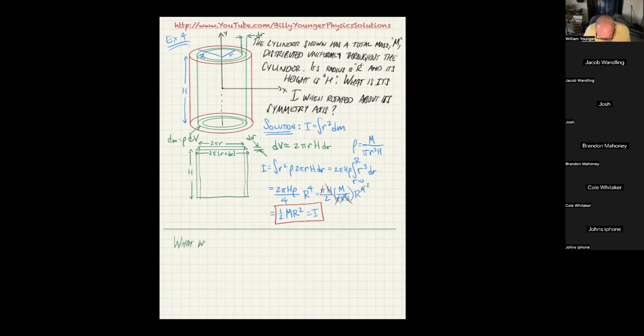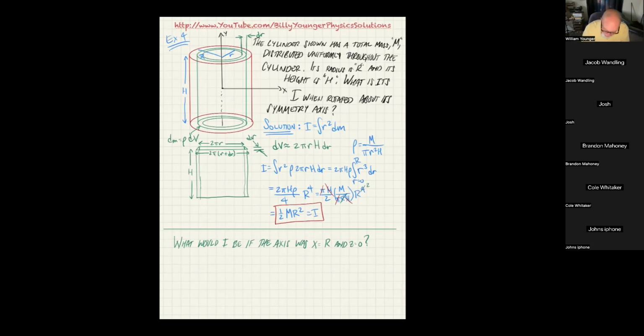What would I be if the axis was x equals R and z equals 0? In other words, I just want to let everybody realize that I'm keeping this completely in the xy plane. That's why I said z equals 0.